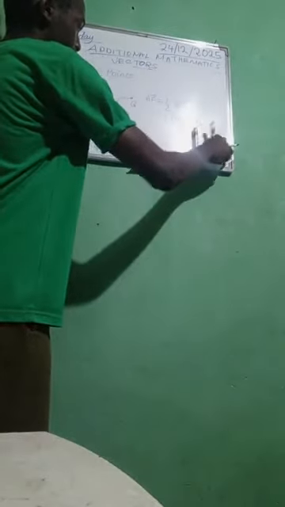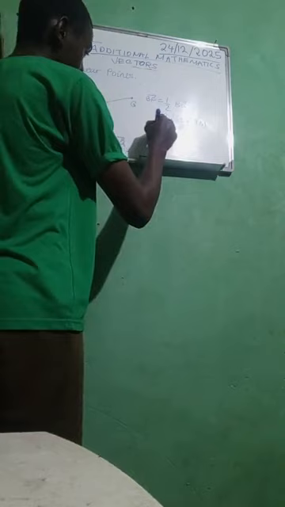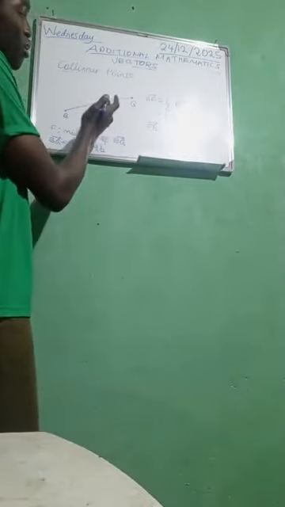So this means that if they told us to go from F to B, this is still half. But we're going in the opposite direction.